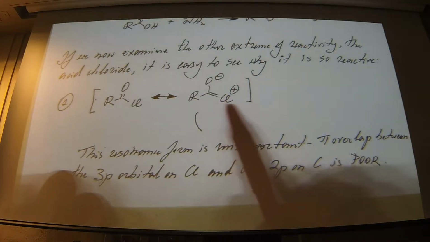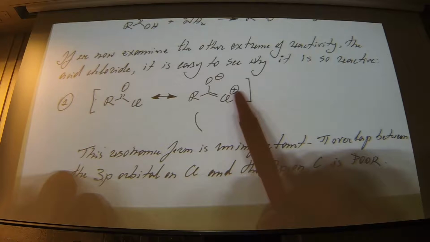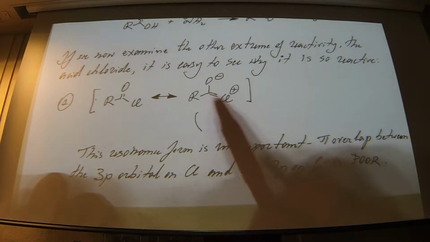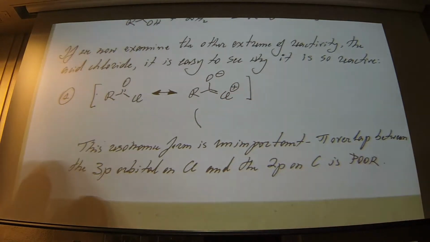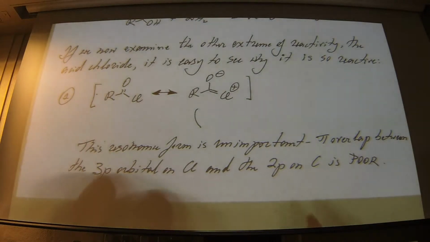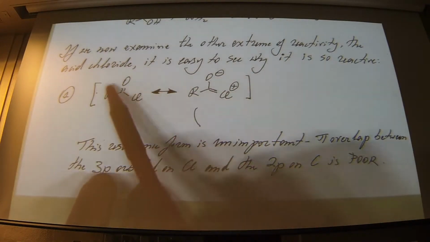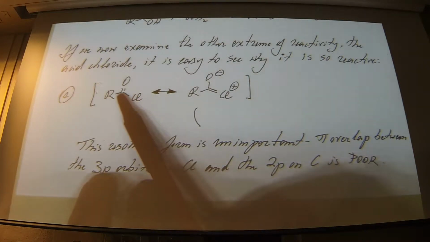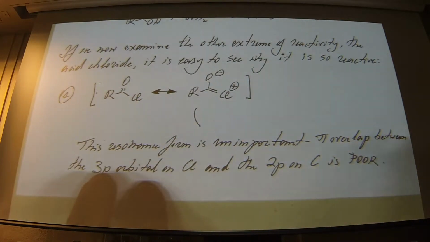You don't really have any of this, for two reasons: you would place a positive charge on chlorine, and also the pi bonding between chlorine and carbon is going to be weak because of the size of the orbitals. So this is not going to be important, and therefore the acid chloride is hardly stabilized by resonance at all.